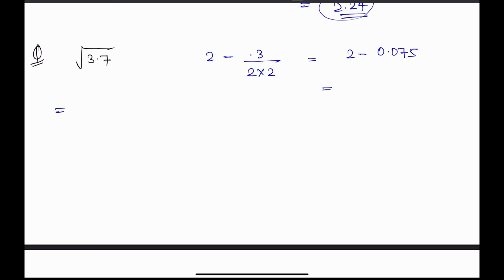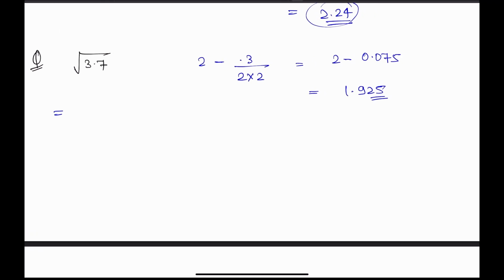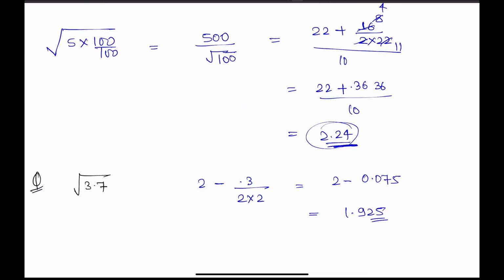Okay, so it will be 1.925, which is surprisingly nearer to the value. Okay, so those two options are there also. If we want to solve like this, we can solve, but generally we should use this one to get more accuracy. When the question is asking for more accuracy, then at that time we should solve like this.